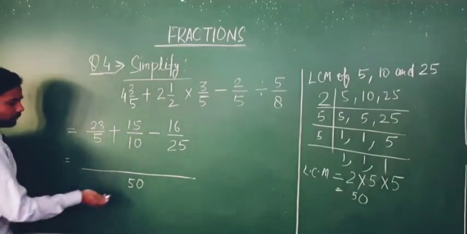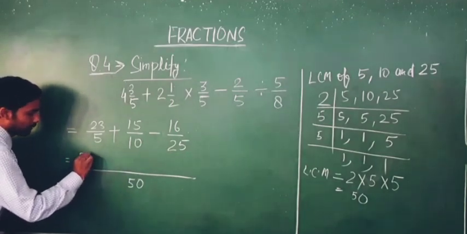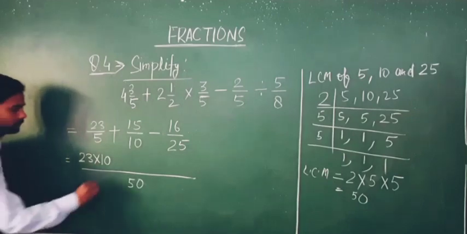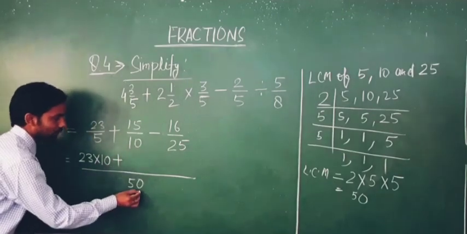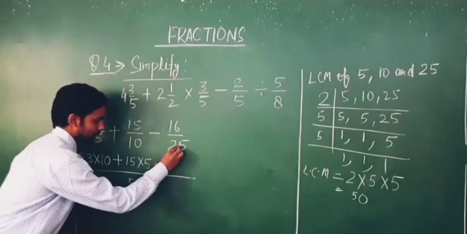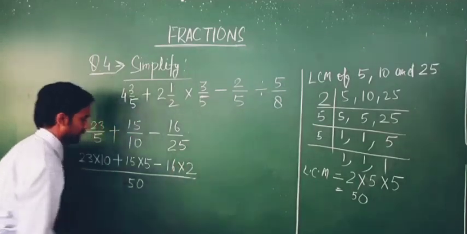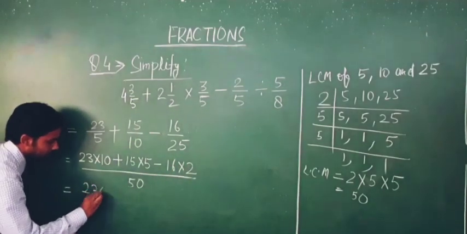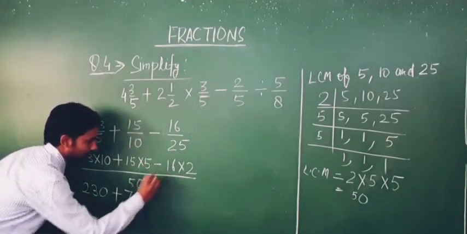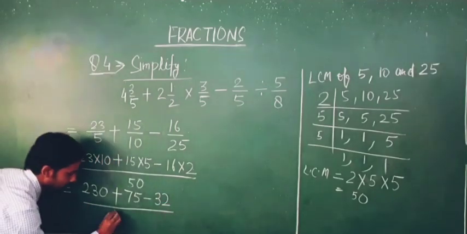Then we divide 50 by 5. 5 tens are 50, and 23 multiplied by 10, plus 10 fives are 50 and 15 multiplied by 5, minus 25 twos are 50 and 2 multiplied by 16. Okay, 23 multiplied by 10 is 230, plus 15 fives are 75, minus 16 twos are 32, upon 50.